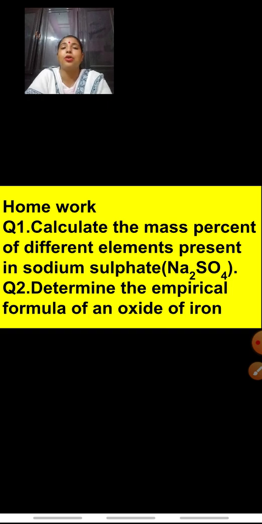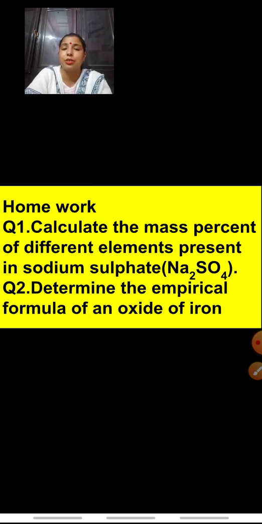And do write all the notes which I am showing here in the form of slides. Do write down those numericals also which we are solving here, and this homework numericals also you have to do yourself.